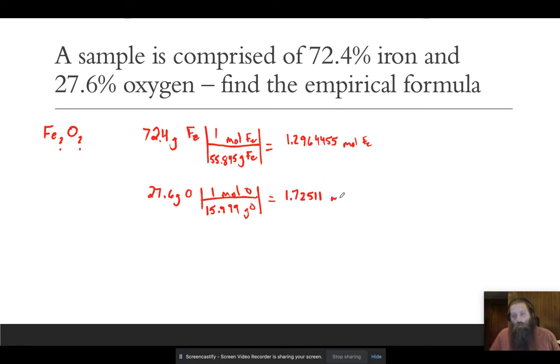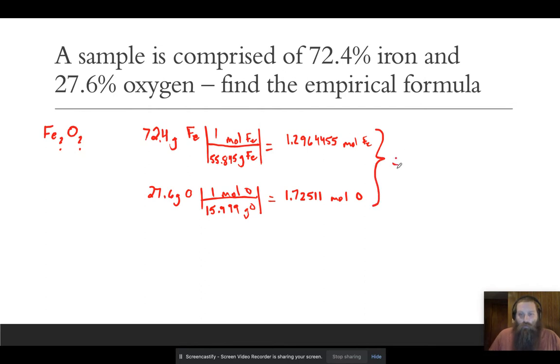There we go. Moles of oxygen. Now, these are now the subscripts that are next to iron and oxygen in my working formula. I need to divide them, though, by the smallest subscript.